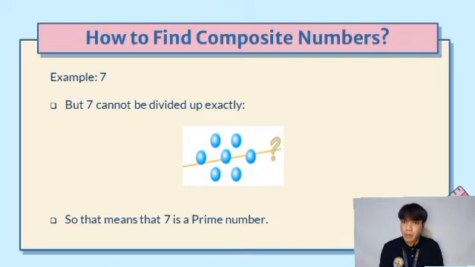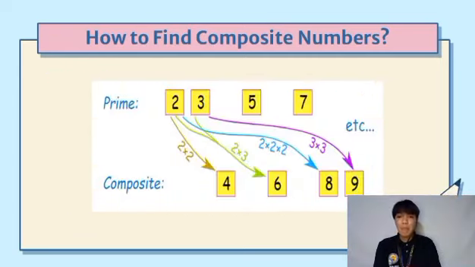And when a number cannot be divided up exactly, it is a prime number. And here in the photo, we can see that composite numbers have factors and they can be divided up exactly. Unlike the prime numbers, they can only be divided by 1 and themselves.